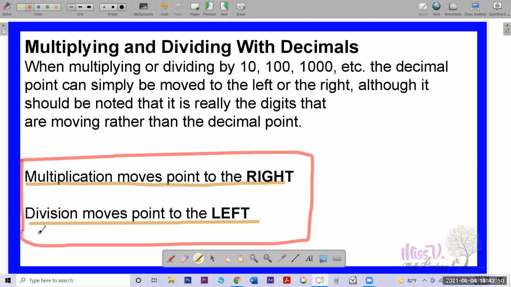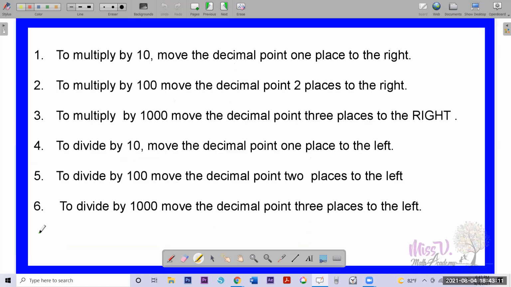What are they talking about, moving the point? So just one person is finished, so just waiting for everybody else before we move forward. All right.